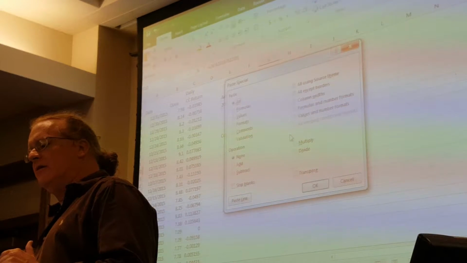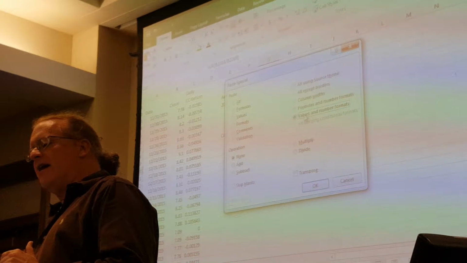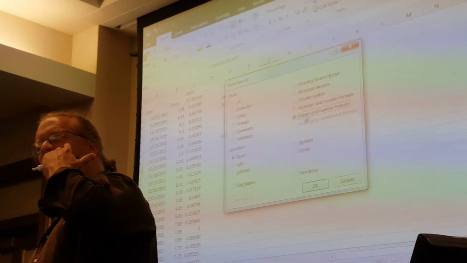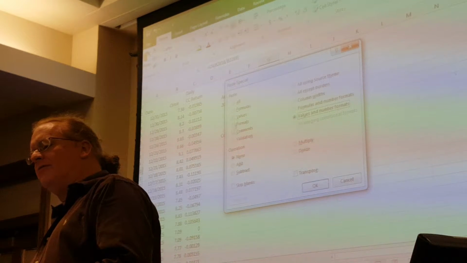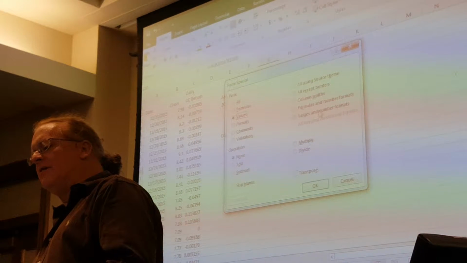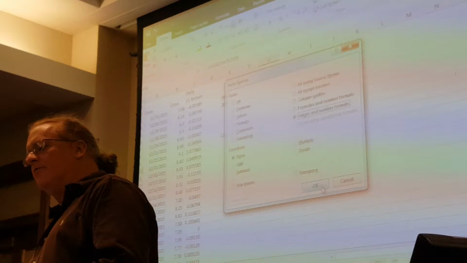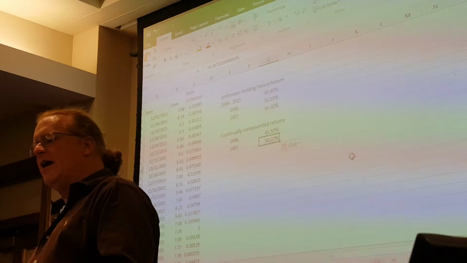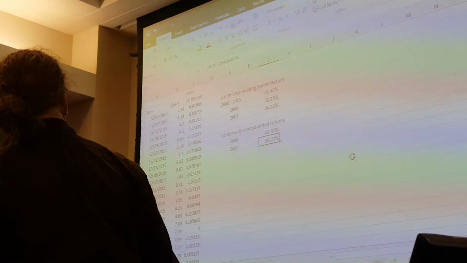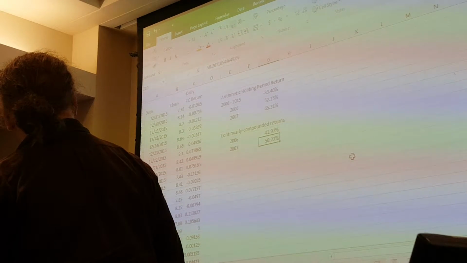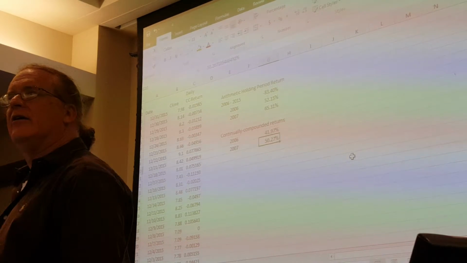Paste special. I usually go values and number formats. I don't think there's anything special about that number format. I'd probably do just the same if I just hit values, but out of habit I hit values and number formats. Okay, and so you can see now, instead of the formula in there, it's got the number that it computed.